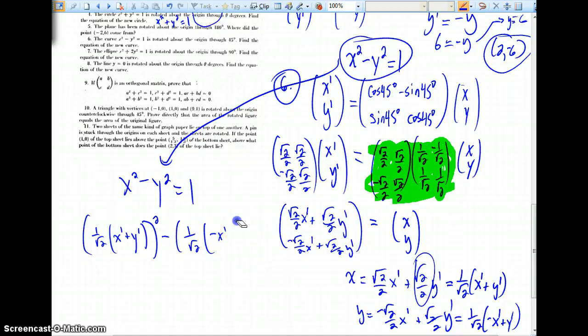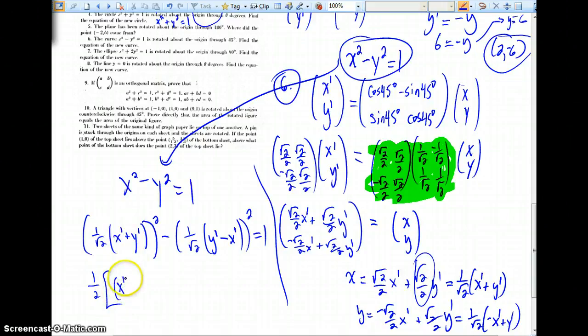And by the way, if you want to do something clever, you could just put your y prime minus x prime in here real easily. Square that. Where are we going with this? Well, you square 1 over root 2, you're going to have a half. Then what? Just FOIL this out. You'll have x prime squared plus 2x prime y prime plus y prime squared.